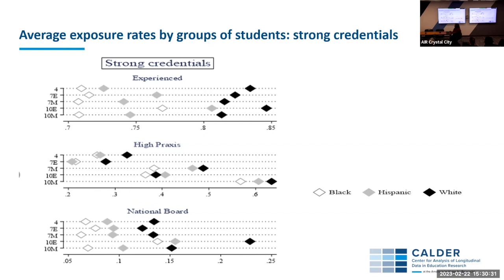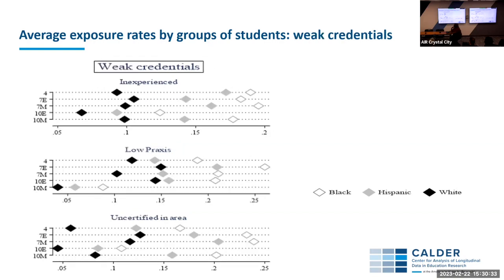Let's go to the next graph. The next graph is for weak credentials. What's going on in this graph? In this case, the white students that show up with the diamonds in black all have much less exposure to these teachers with weak credentials than is the case for Black students.